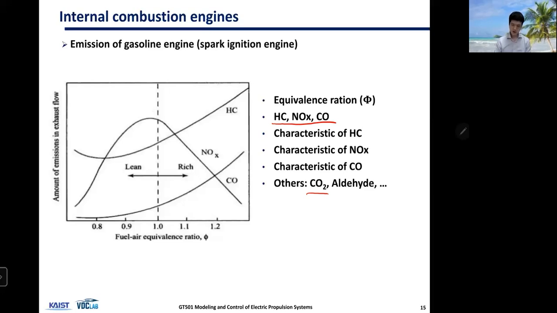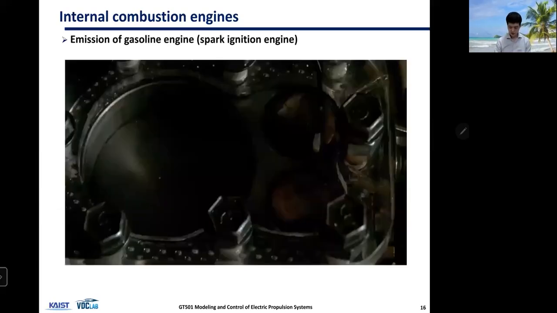There are many factors, but one major factor is the fuel-air equivalent ratio. What that means is the ratio between the amount of fuel and air has a direct impact on these emissions. Of course, it's related to temperature, speed, many things. But anyway, that's one side.